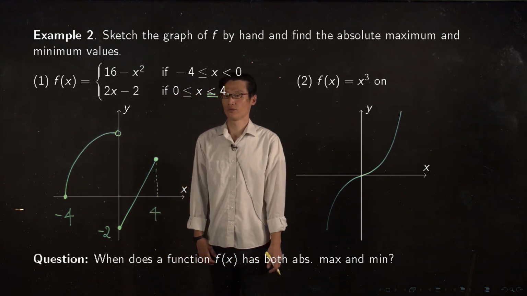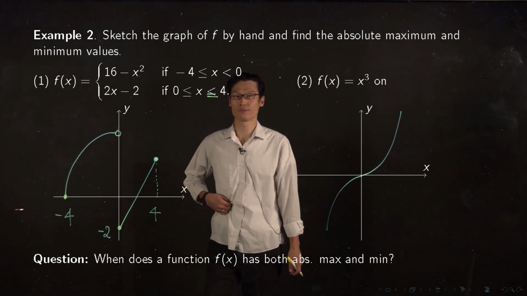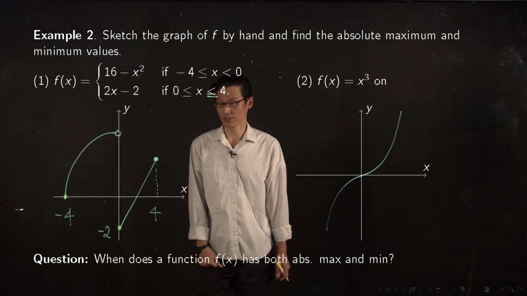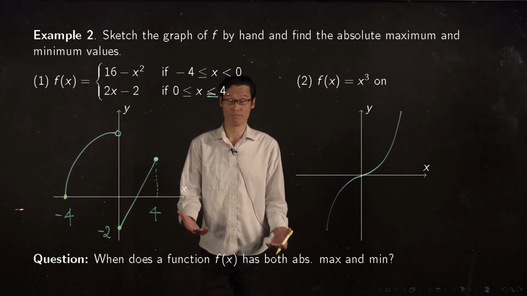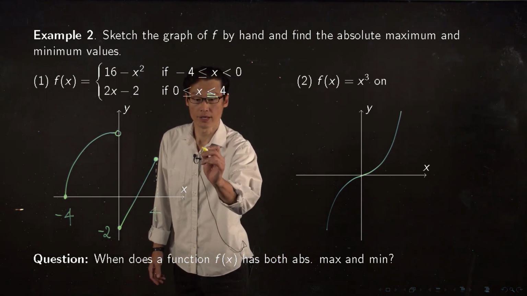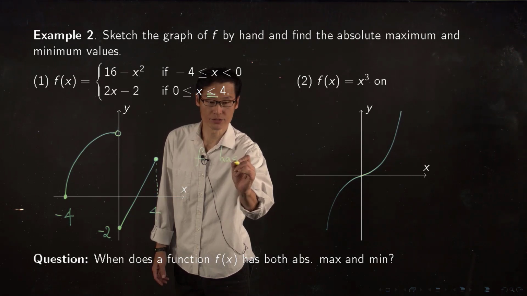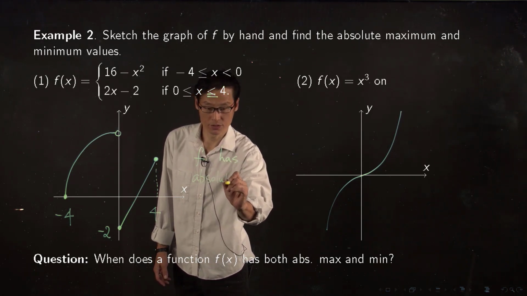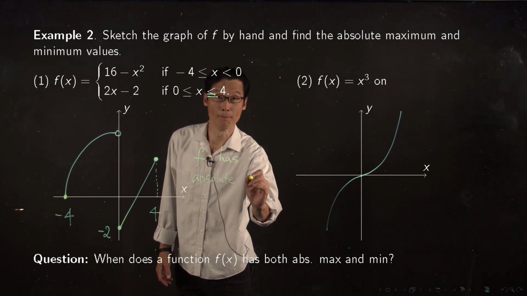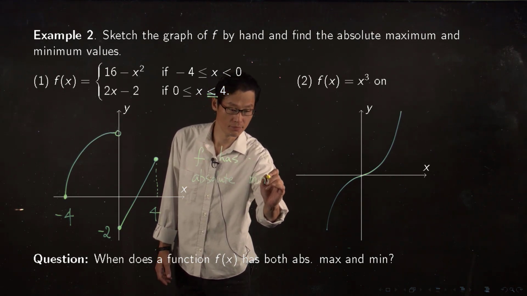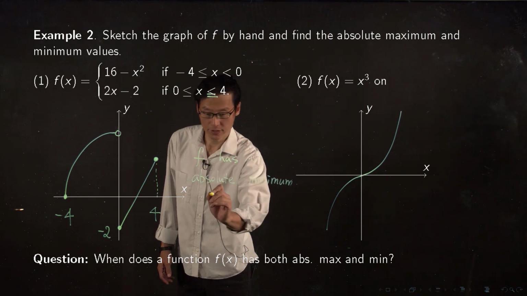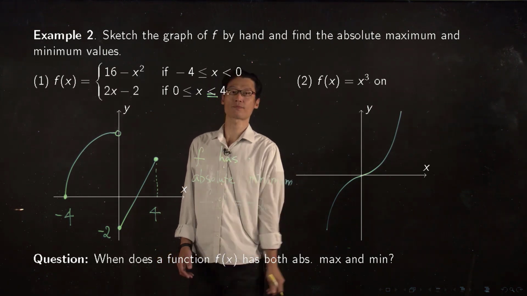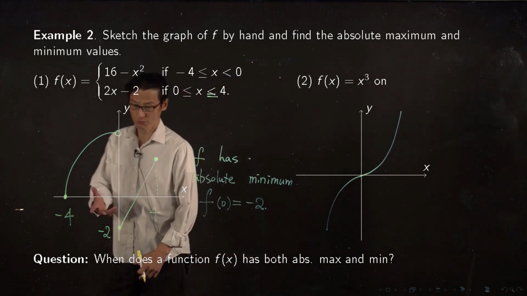Okay. For this function, you can tell definitely f has absolute minimum, f of 0, which is -2. What about absolute maximum?